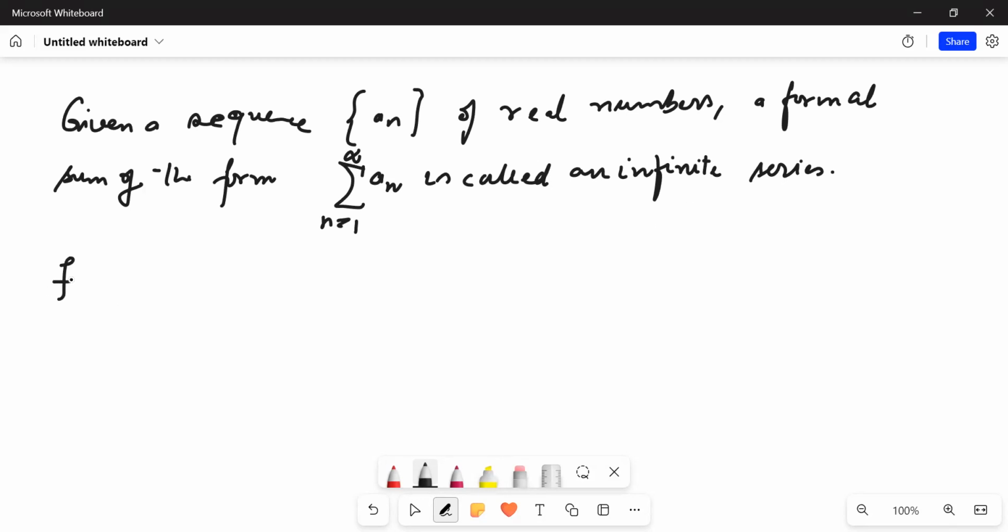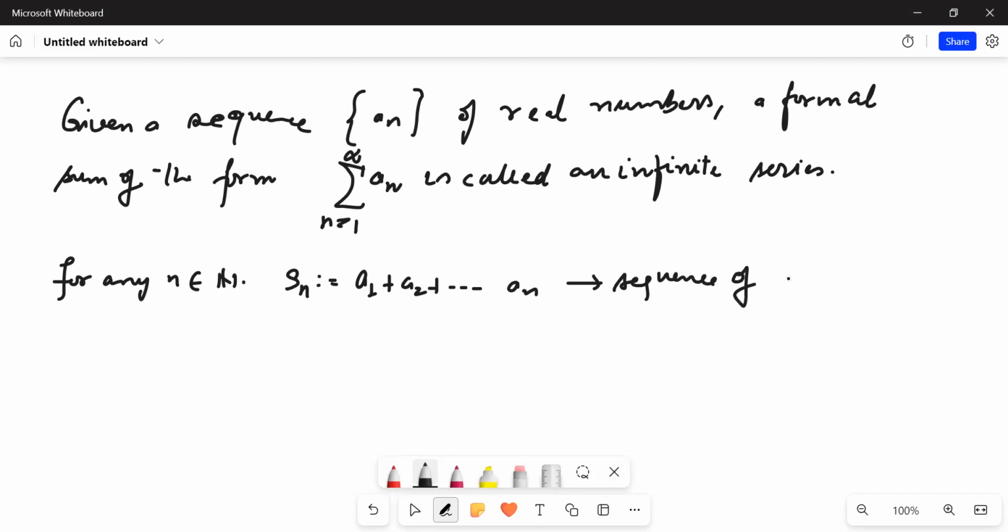Now for any n belonging to the natural numbers, Sn, which is defined by a1 plus a2 up to an, is called the sequence of partial sums.